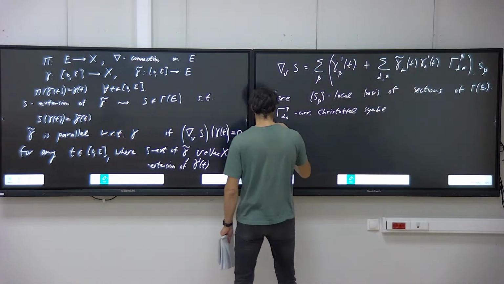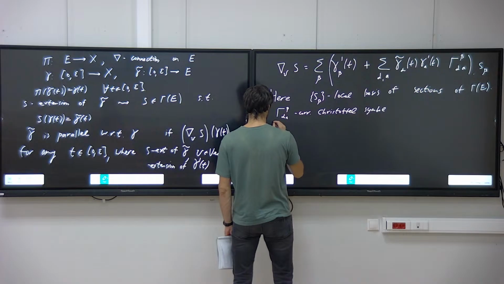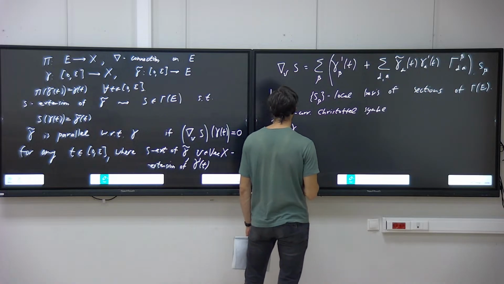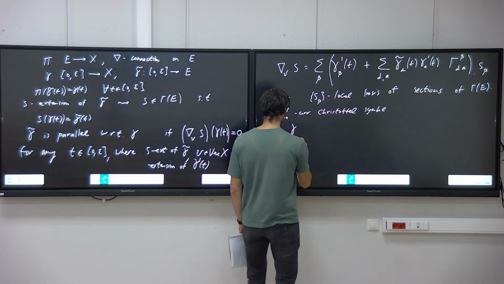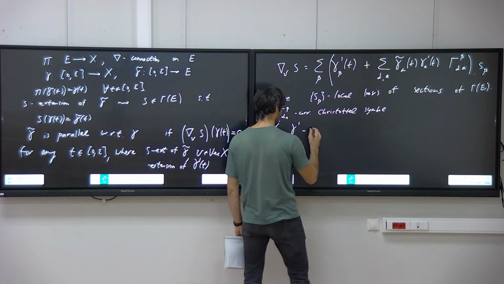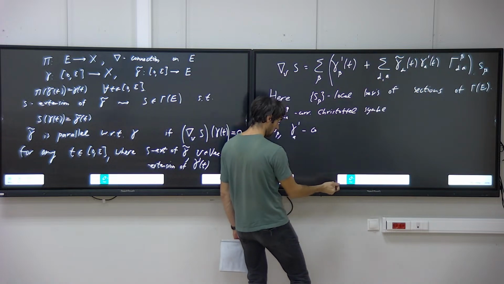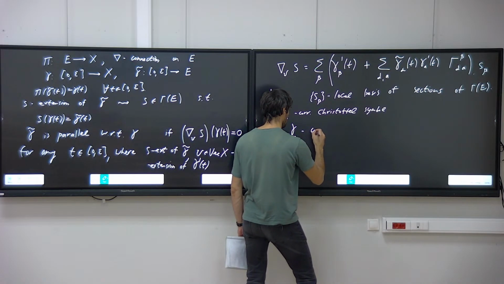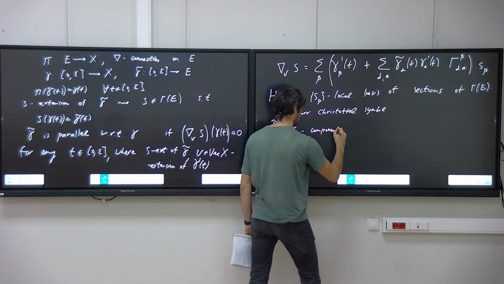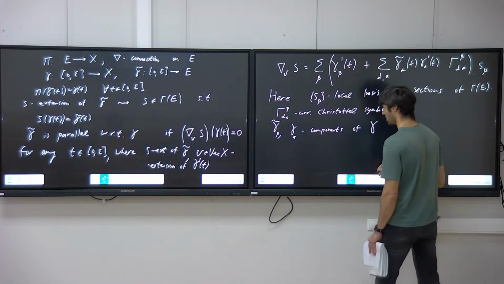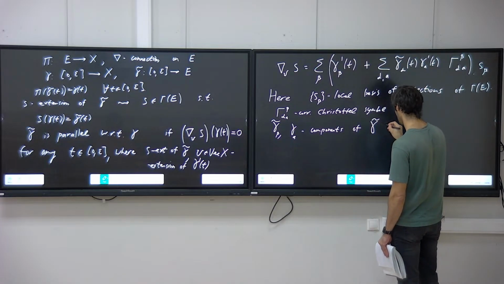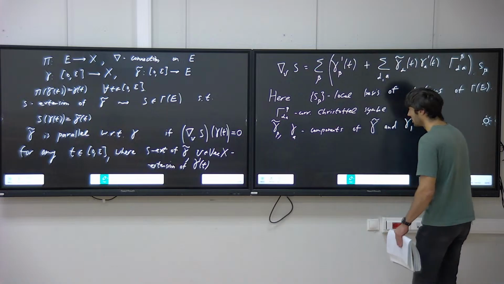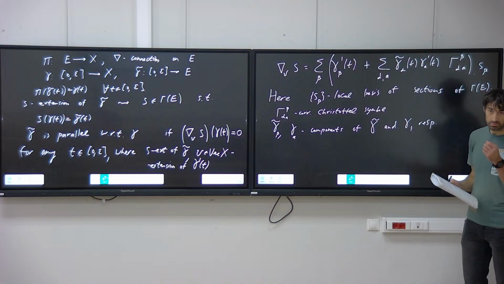And so gamma tilde beta and gamma a, these are components, well, I need to write without prime here, like that. So components of gamma tilde and gamma respectively. So I have to remind this because I will go from here.